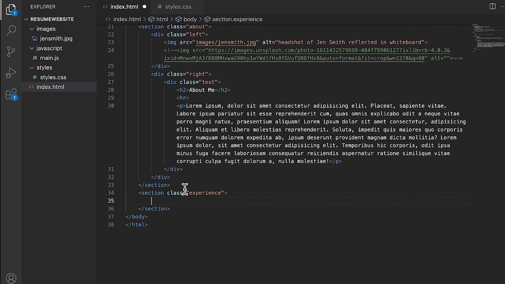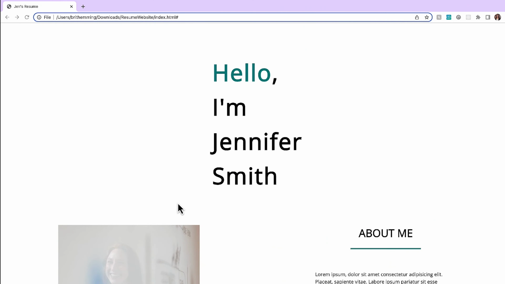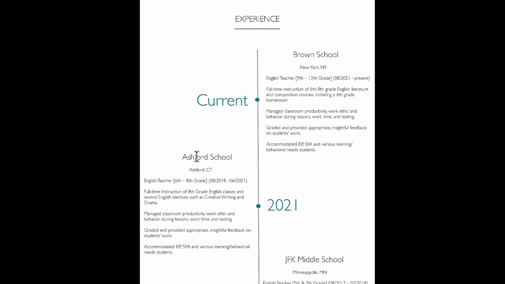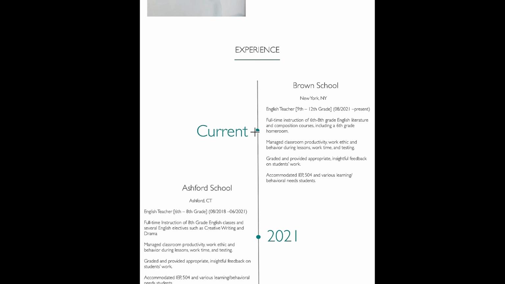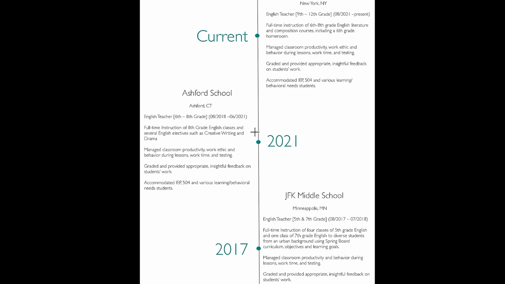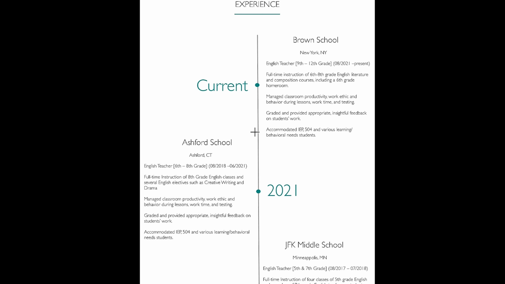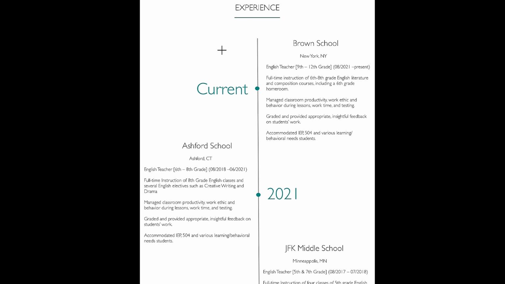Inside of that section, let's just take a look at what we have here. So we have an H2, we have an HR. I'm going to wrap a large container around this entire timeline. So I'm going to use a div to accomplish that. And then each area in the timeline is going to be its own div. So this area here with current is going to be its own div.